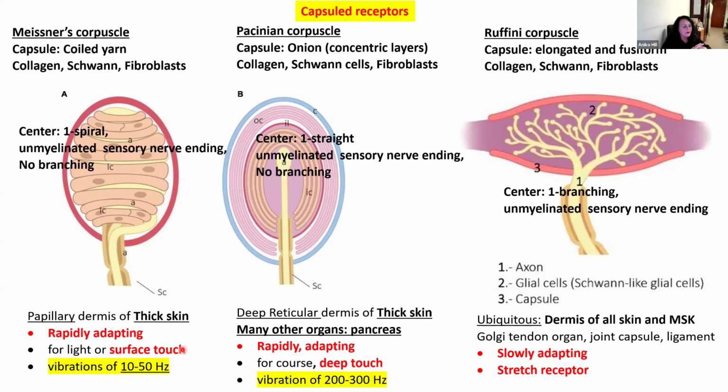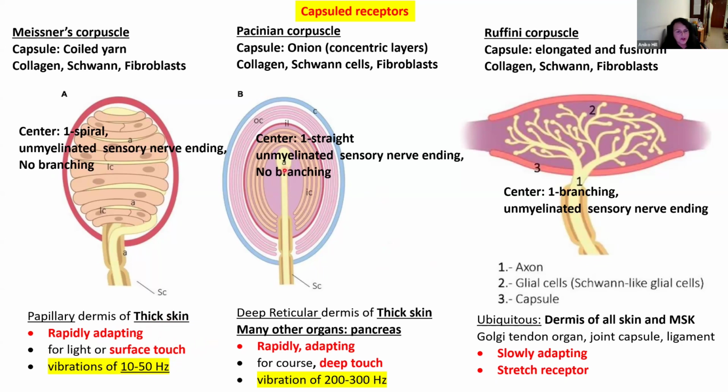So the moment you have a slight touch, the Meissner corpuscle is going to pick it up in the thick skin. And it's going to be rapidly adapting because if you remember, we just decided that those receptors that have a connective tissue capsule, they don't monitor the incoming stimuli for a long time. So therefore, they are rapidly adapting.